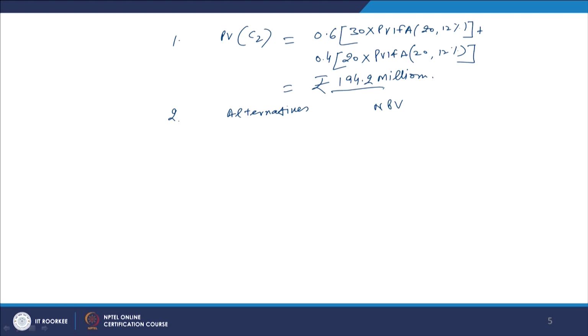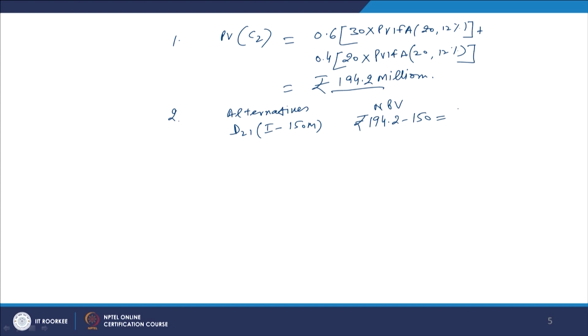So, what is the decision here? D21, and how much investment is required? Initial investment required is 150 millions, right. And NPV available is going to be rupees 194.2 minus 150.